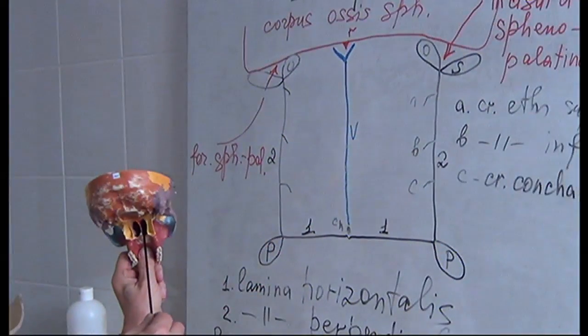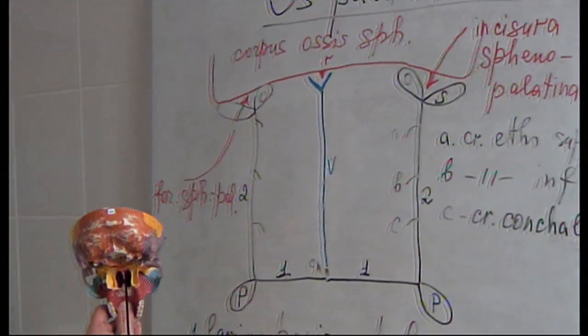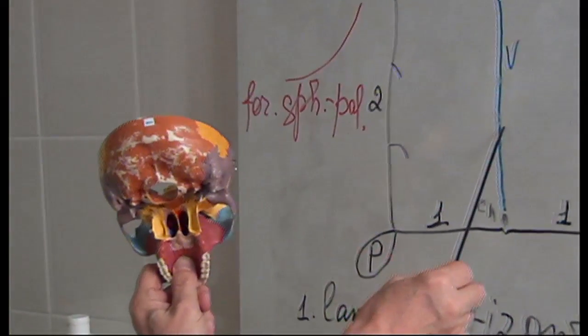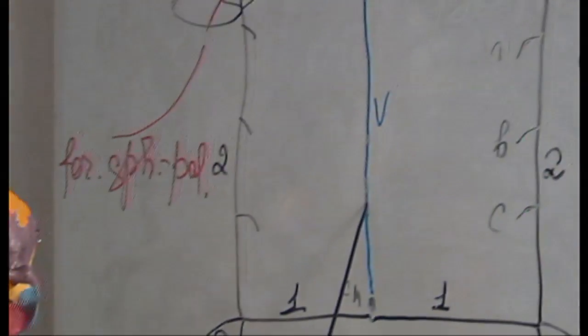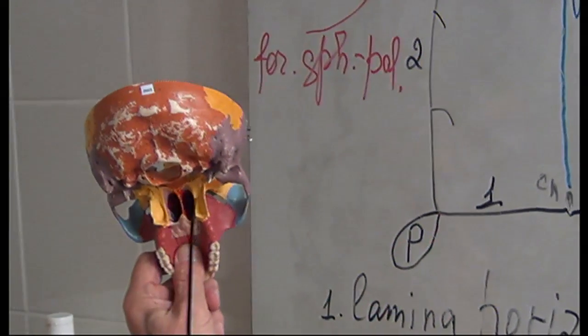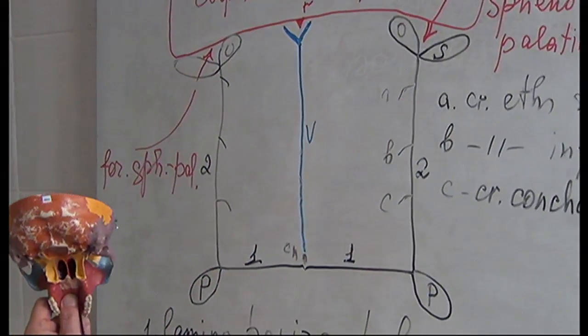And practically this place is drawn in our picture. So here in the middle of the picture we can see this structure, and laterally we can see these lateral and inferior structures.